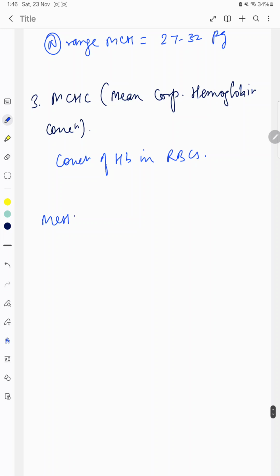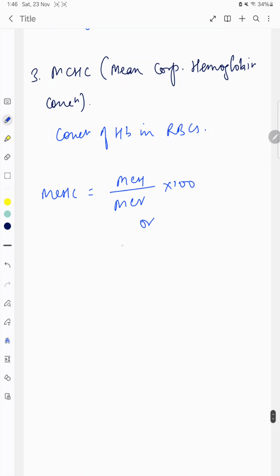How we calculate MCHC is, MCHC is equal to MCH divided by MCV into 100, or hemoglobin in gram per deciliter divided by hematocrit in percentage into 100.